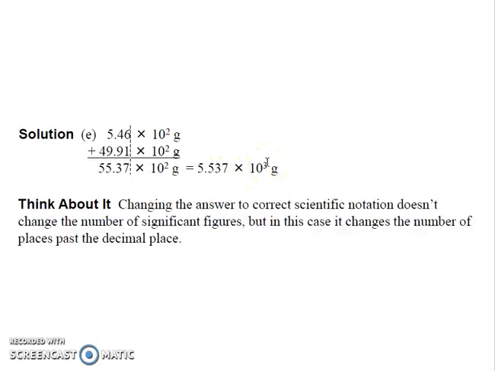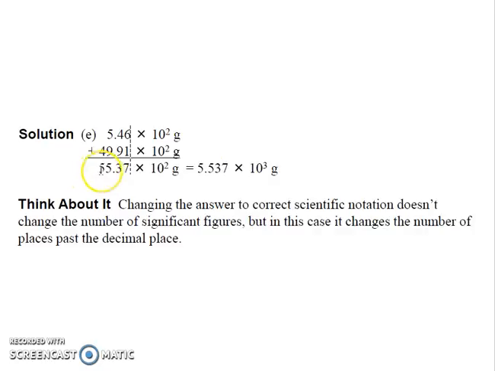They did a couple things here all at once. They've changed the 55.37 and moved the decimal place 1 position to the left. Usually scientific notation only has 1 non-zero digit on the far left, and the decimal is right after.